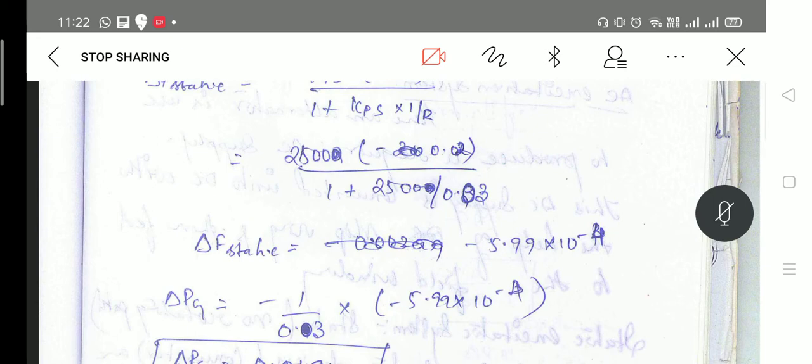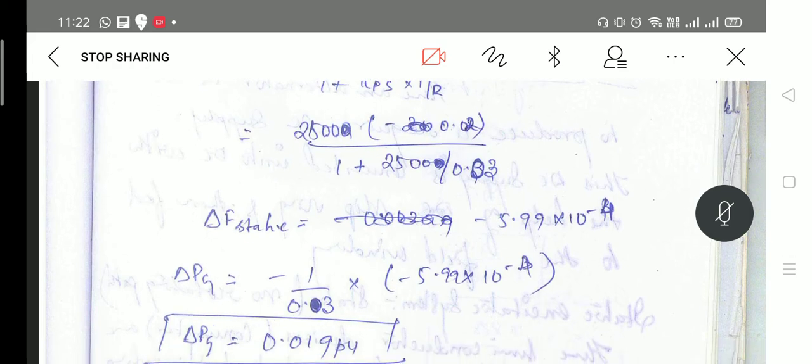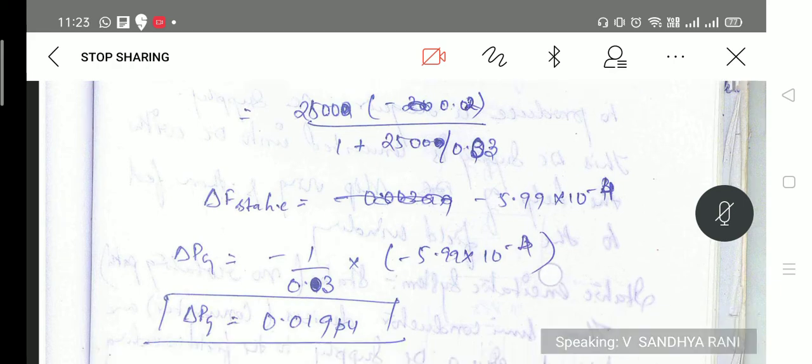Plus 1 plus 2500 by 0.03, that is the R value. We can substitute all those values, then we will get delta F static as minus 5.99 into 10 power minus 4. Delta Pg is this delta F static by R, that is delta Pg is equal to 0.019 per unit.